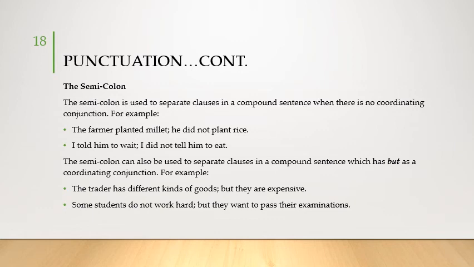So in these two examples, the semicolon is used to separate the clauses in compound sentences which have but as a coordinating conjunction. So when a compound sentence has a coordinating conjunction, a semicolon can still be used before the coordinating conjunction but. As we have exemplified, some students do not work hard; but they want to pass their examinations.